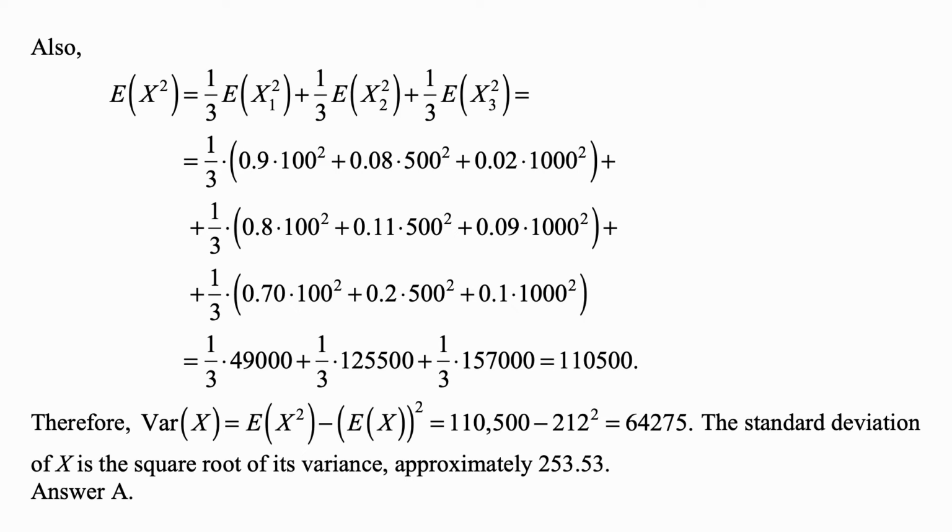This is 1/3 times (0.9 times 100 squared plus 0.08 times 500 squared plus 0.02 times 1000 squared) for territory 1, plus 1/3 times (0.8 times 100 squared plus 0.11 times 500 squared plus 0.09 times 1000 squared) for territory 2, plus 1/3 times (0.70 times 100 squared plus 0.2 times 500 squared plus 0.1 times 1000 squared) for territory 3.